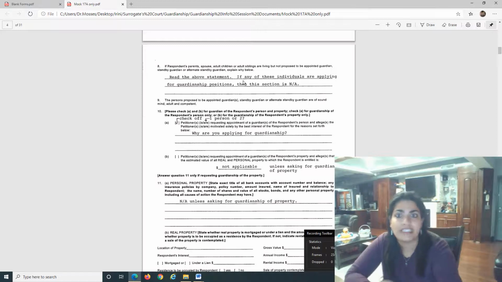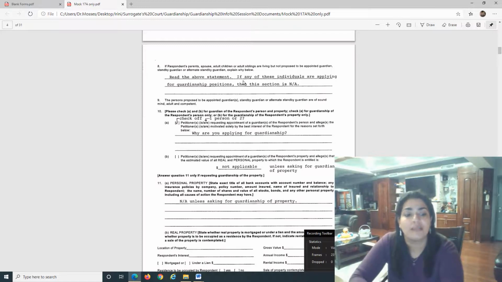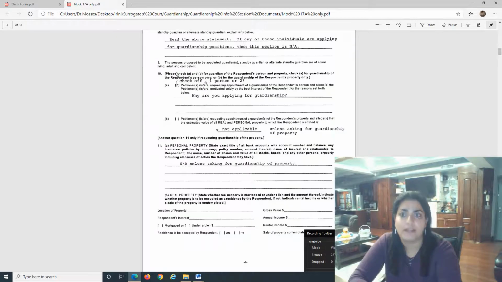So this only gets filled in if the person who wants to be a guardian is not the parent or the sibling of the respondent. Number 9, this is an affirmative statement. Please read it and make sure that it is applicable. The person proposed to be appointed guardian, guardians, or standby or alternate are of sound mind, adult, and competent.